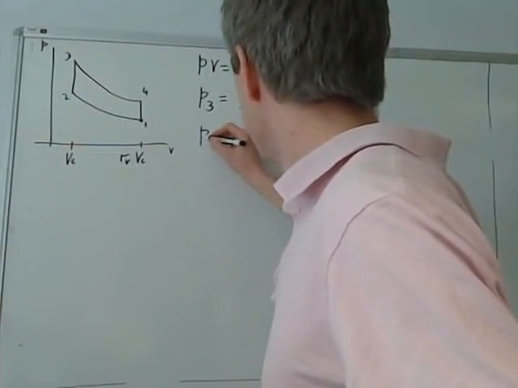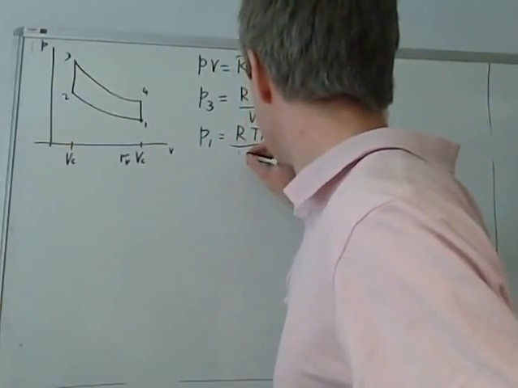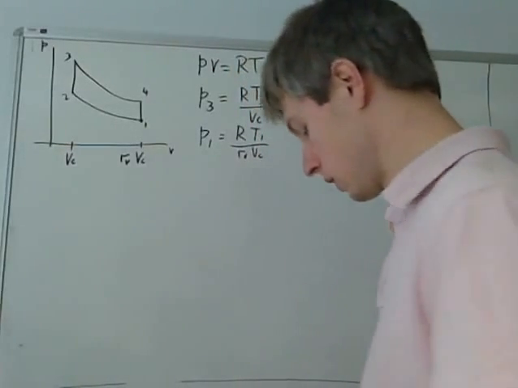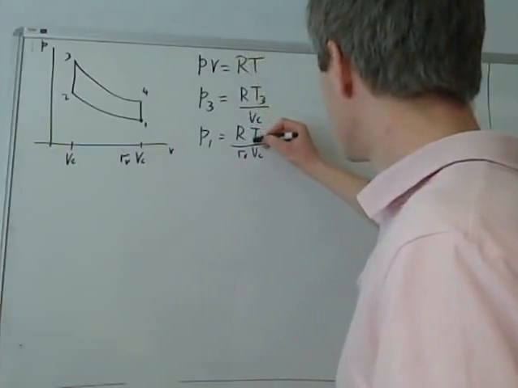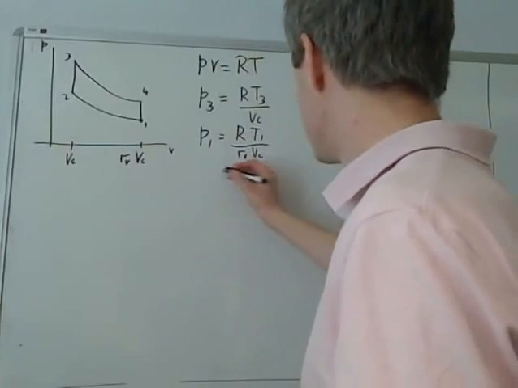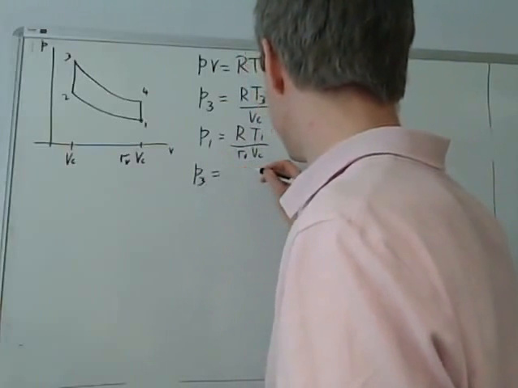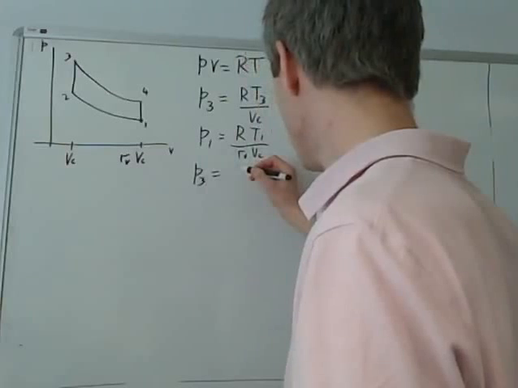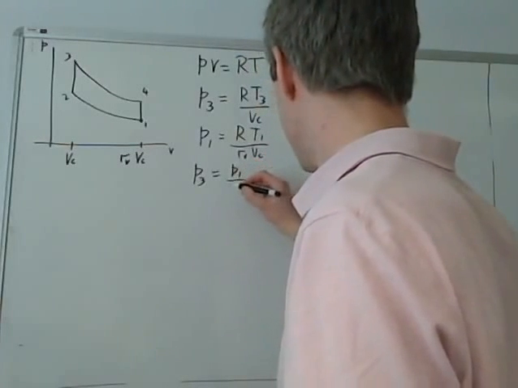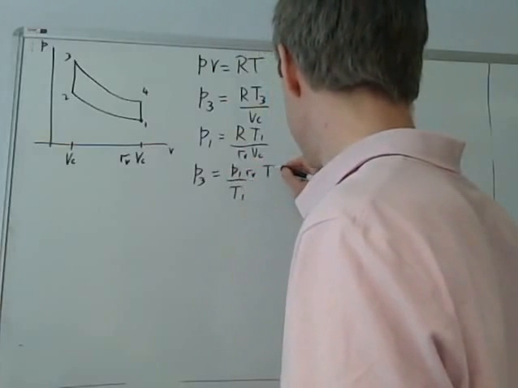So we can write P1 is equal to RT1 over RV/VC. This is a different volume. And from this we can extract the value of R over VC, which tells us that P3, substituting into here, is equal to P1 times RV over T1 times T3.